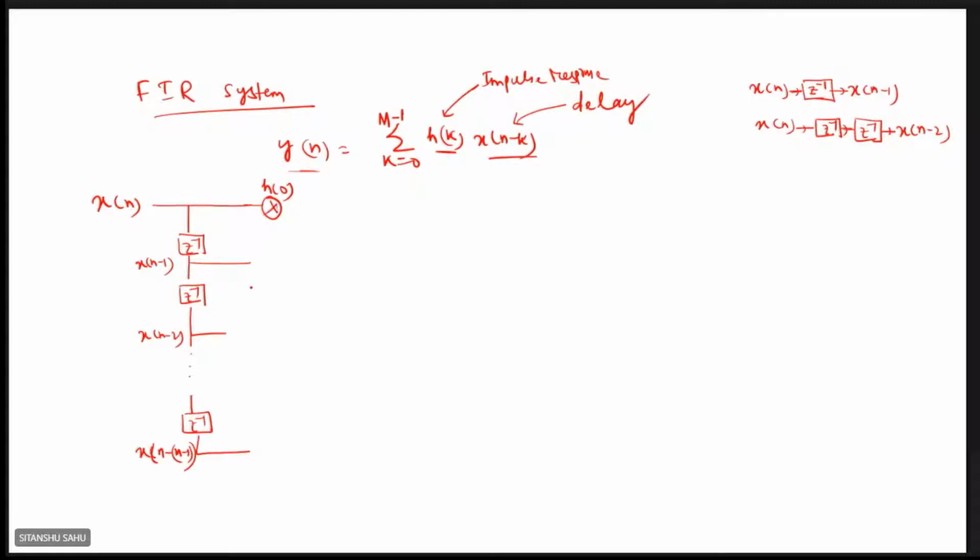So this is the multiplication. Then this will be multiplied with h of 1, isn't it? When k is 1, it will be h of 1. Here it will be x of n minus 1. So here you are tapping x of n minus 1, then you are multiplying with h of 1, right? Are you getting the idea or not?